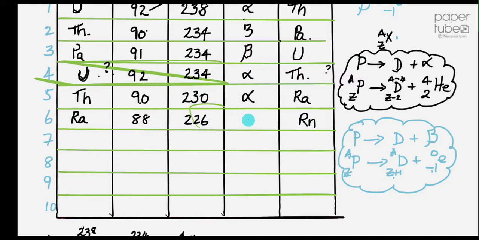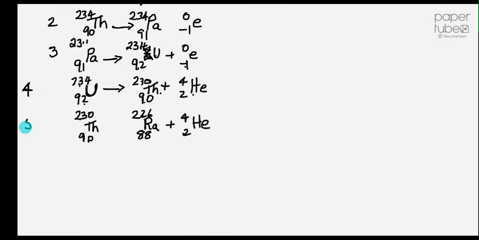So we're looking, what does this emit? So I'm doing question number 6. There's 5 done, and here's question number 6. So I know radium, 88, 226, goes to something, goes to radon, plus something. Now, can we look up above, can we find a radon?